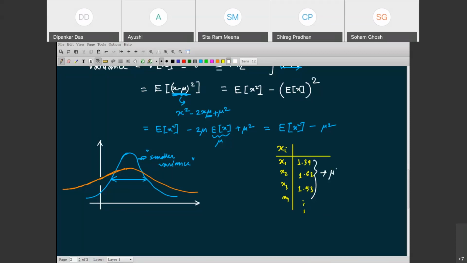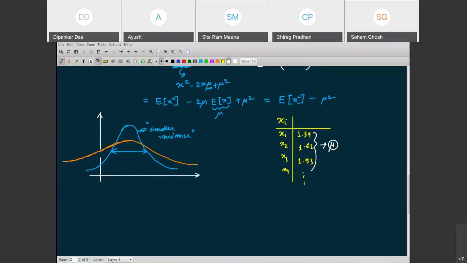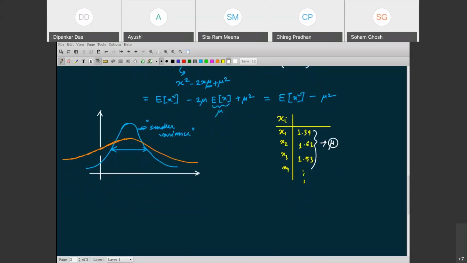Now if you compute the variance, it is the sum over x minus mu whole square, the average of this basically. If I put equal weight, it is divided by n naively. So x_i minus mu whole square.